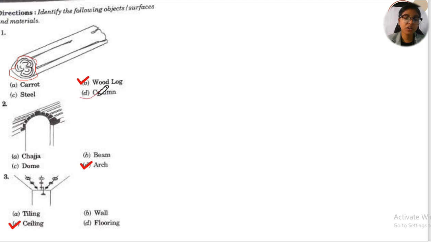It can't be a column and it can't be steel. So we are left with carpet and woodlock. But look at this horizontal surface. It is not giving any clue for the carpet, and also you can see the rings on this surface. So these rings are found in a woodlock. So the correct answer is woodlock.